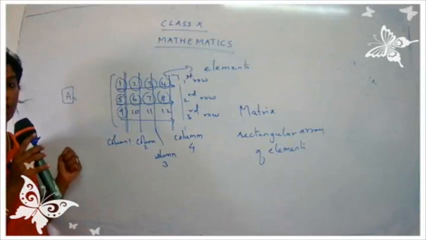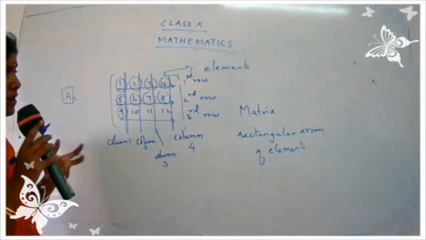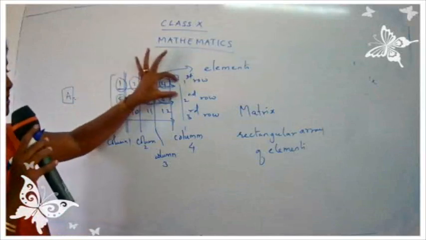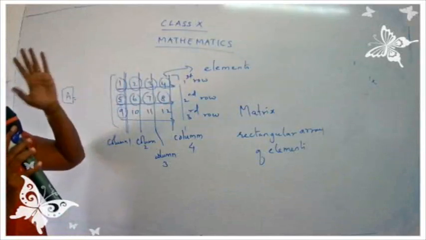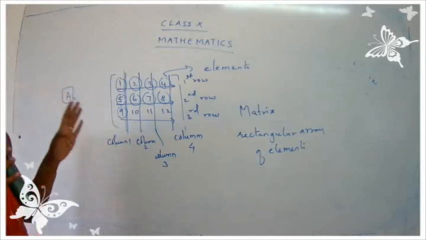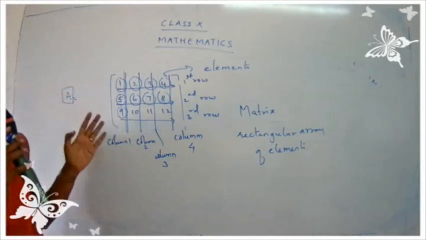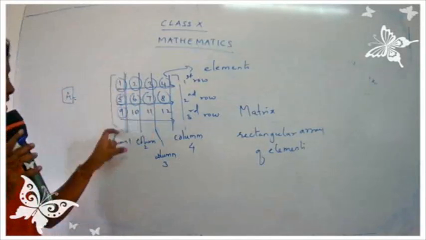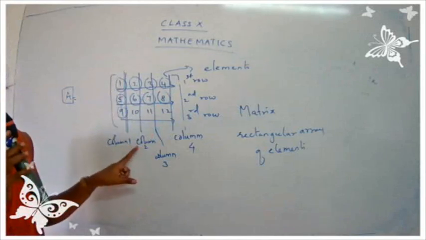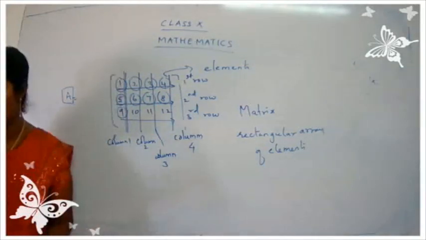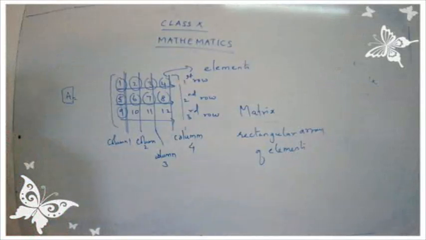Next we saw the rows and the columns. What are rows? The horizontal arrangements are called rows. Just keep in your mind, children. Horizontal, that is row. Vertical means column. The vertical arrangements are called columns and the horizontal arrangements are called rows.